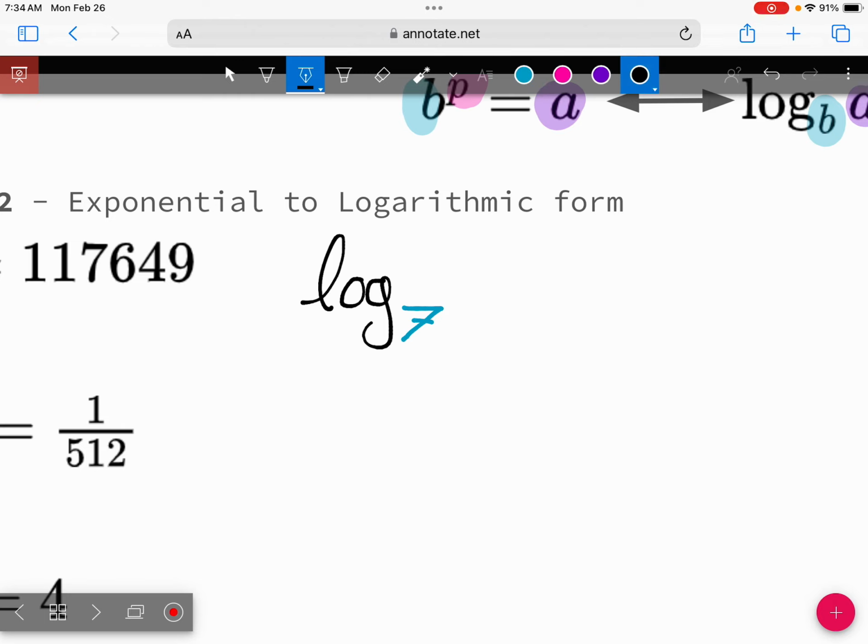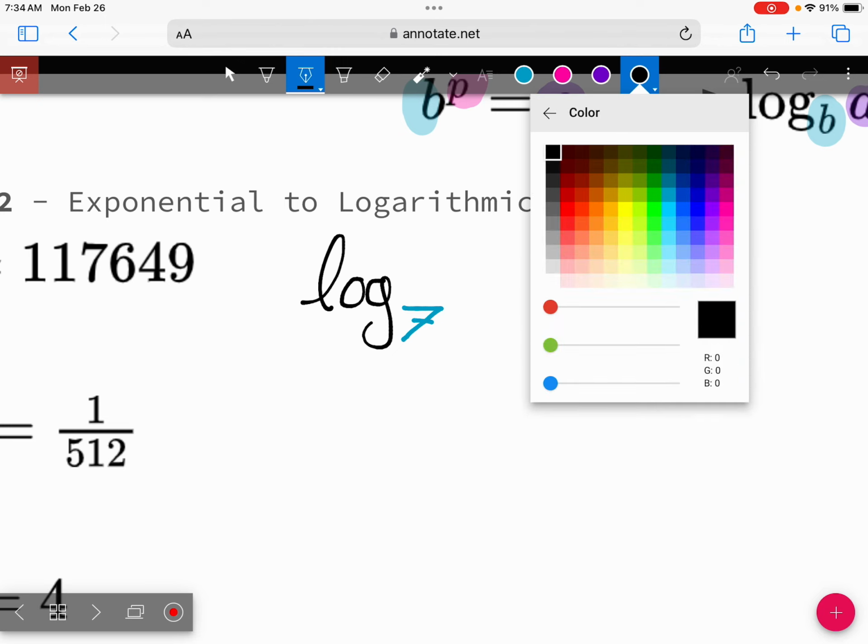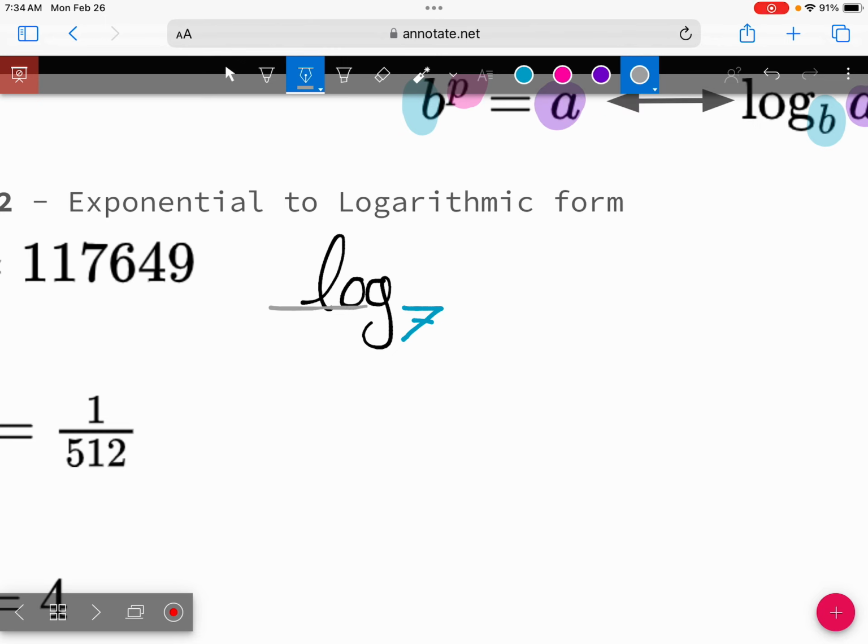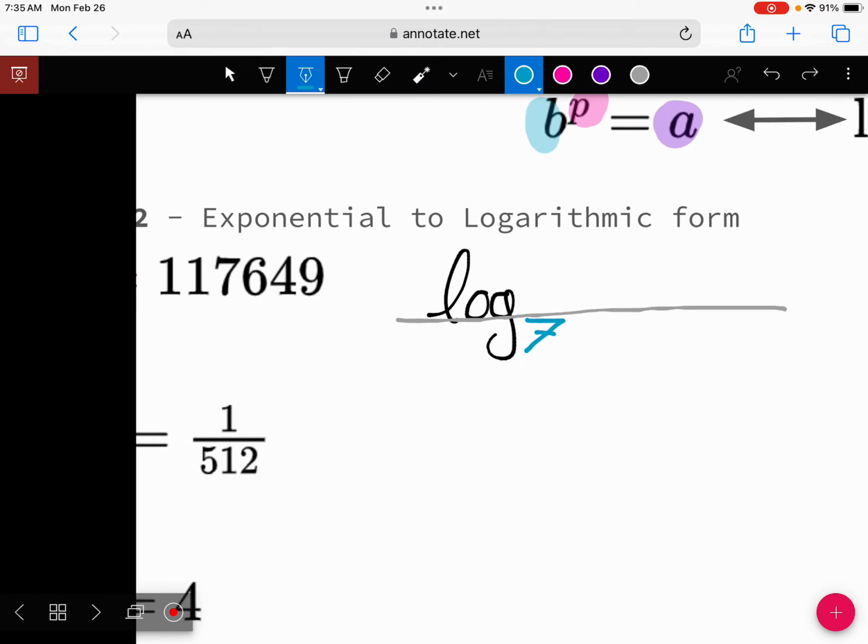When you're writing this on paper, like lined paper, usually I will just put the 7 under the line like that. It doesn't have to be all the way under. I know some people that write their bases across the line. But that's the way I typically write it.